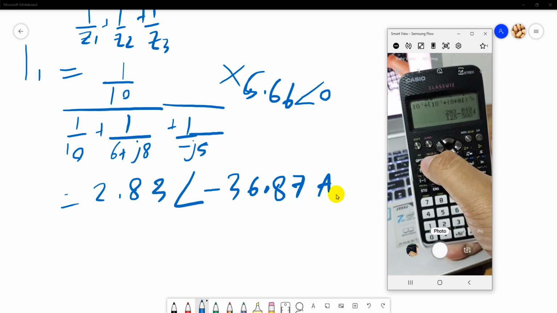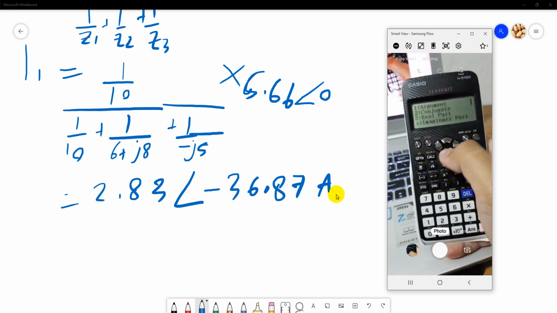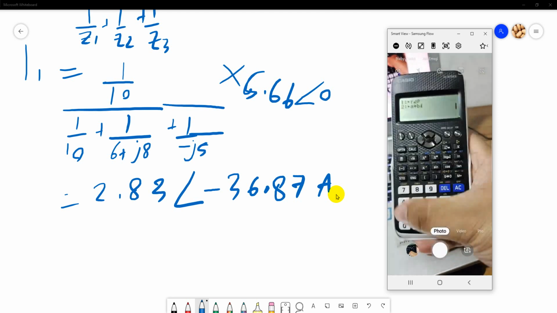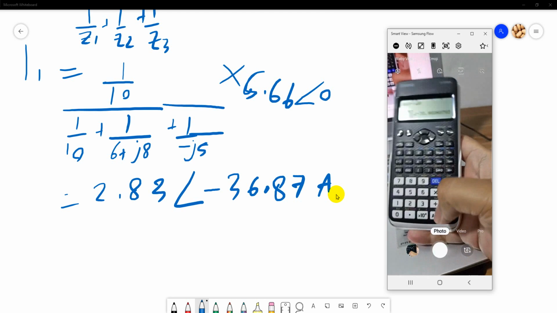Press option and then go down, number 1, equals, you get the answer.